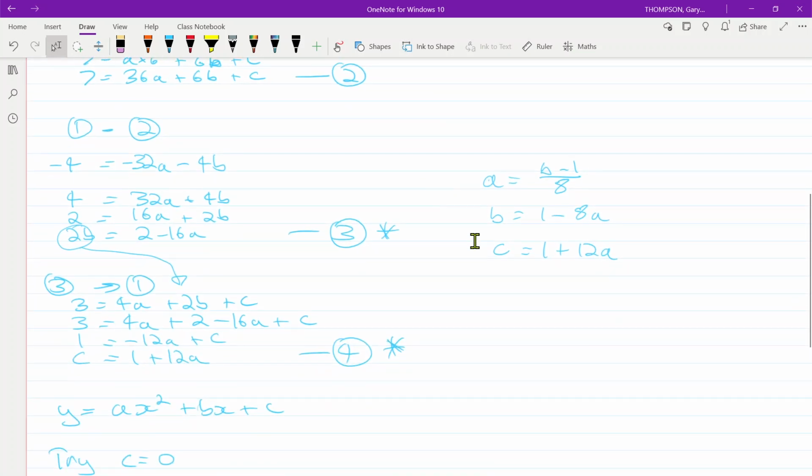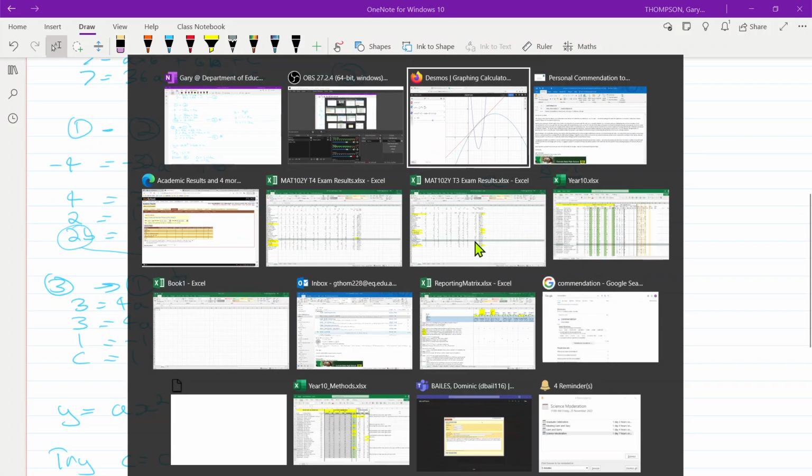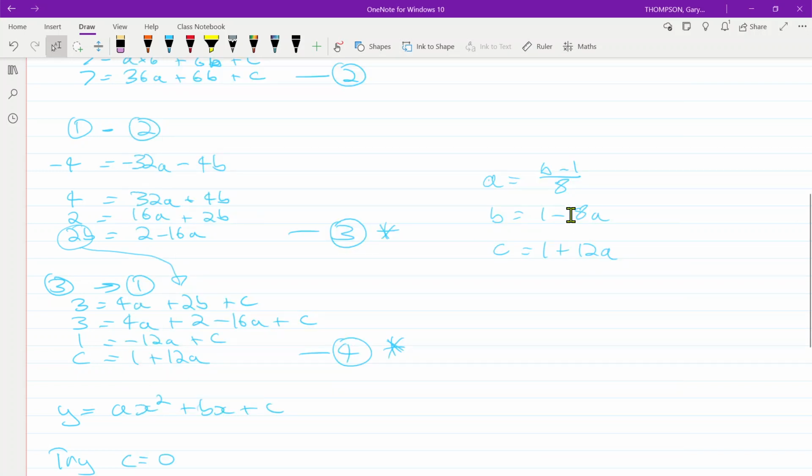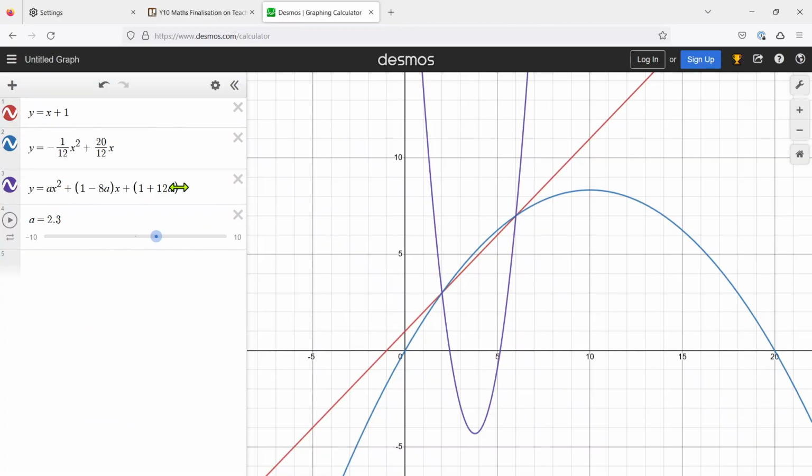Let me just show you what that looks like visually. In other words, what I've just done here when I was paused, I was just playing with different representations of A, B, and C, and I notice here I've got B and C in terms of A. In other words, I can just have one variable. So by determining B and C in terms of A, I now have an equation ax squared.